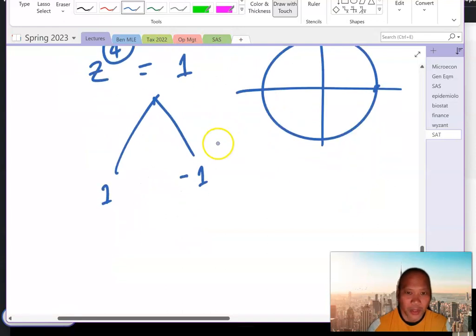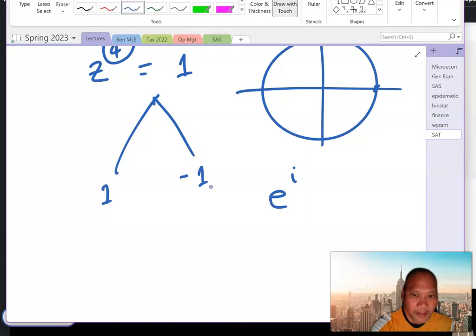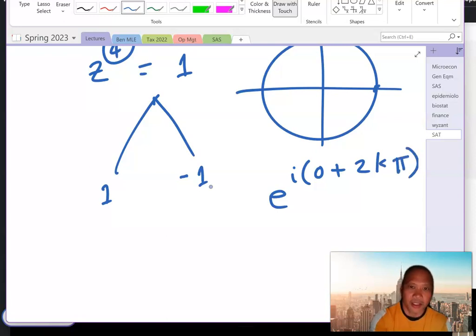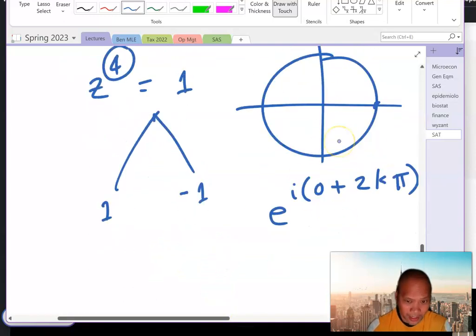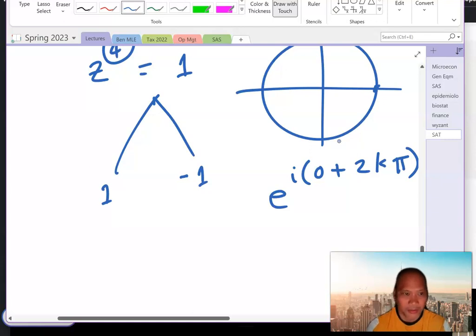How do we represent 1? 1 will be e to the i 0, so 0 plus 2k pi, because it goes back after 2 pi. Our k here is an integer. k can be 0, 1, 2, 3, 4.